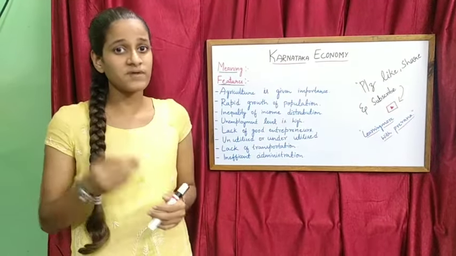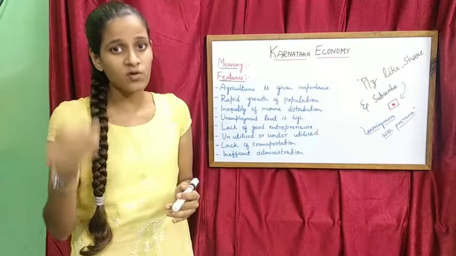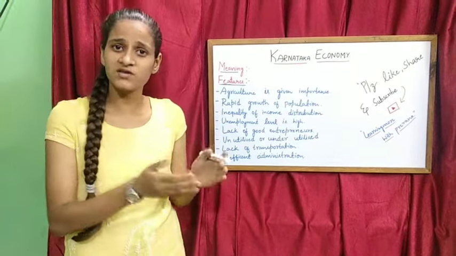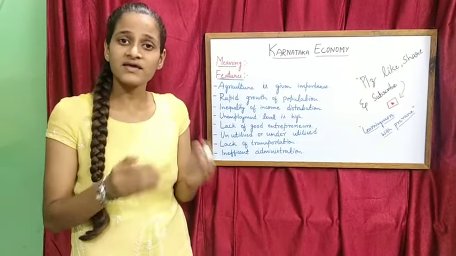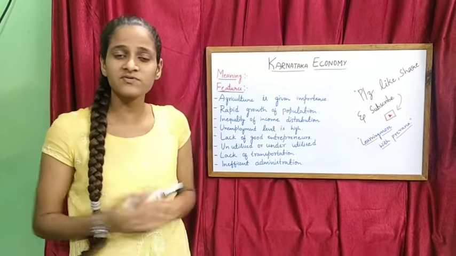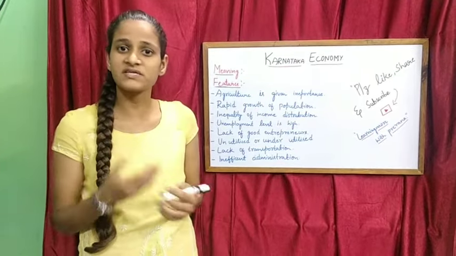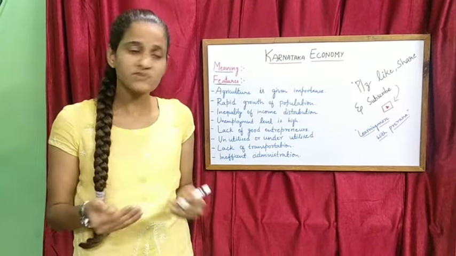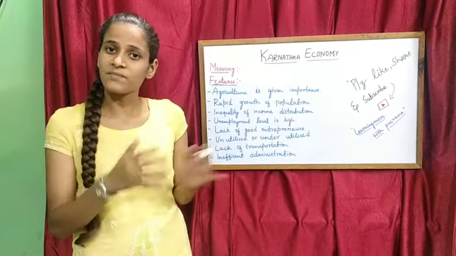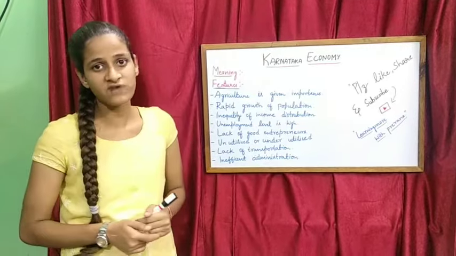It is a plus point that the state produces more food grain. But on the negative side, agriculture is gambling with monsoon. We have uncertainty of rain and other facilities are not there, so a person cannot earn more money compared to other sectors. So this is one feature of Karnataka economy.